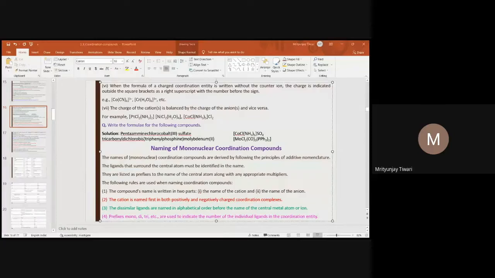And we write this as triphenylphosphine because tri is already there. If you write ditriphenyl, it will be confusing. It won't look good. So in the case of ligands which contain numerical prefixes anywhere in their names, to represent the number of such ligands, bis, tris, tetrakis, pentakis, etc. are used in place of di, tri, tetra, penta, and so on.